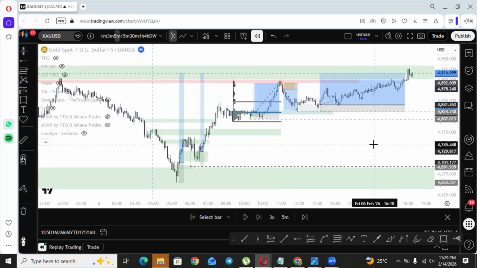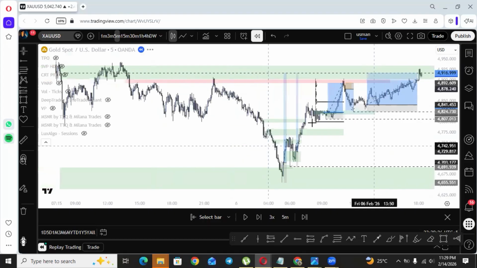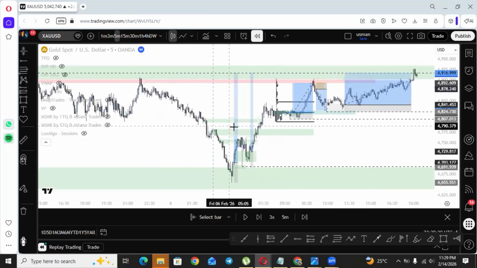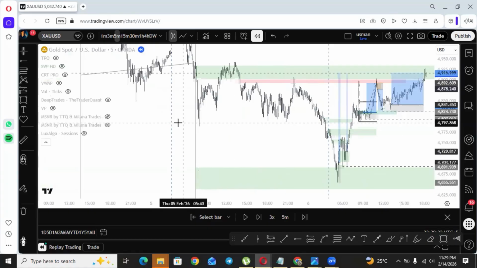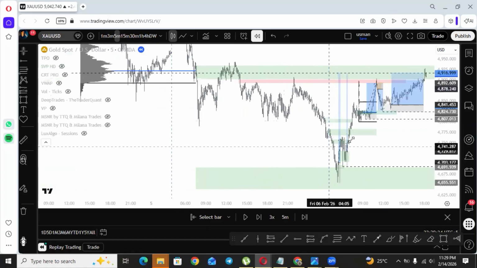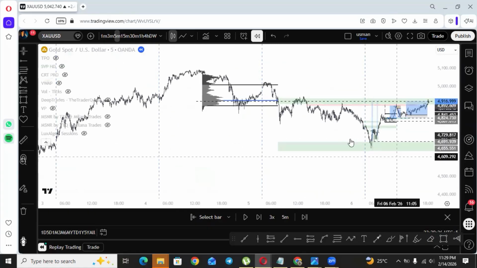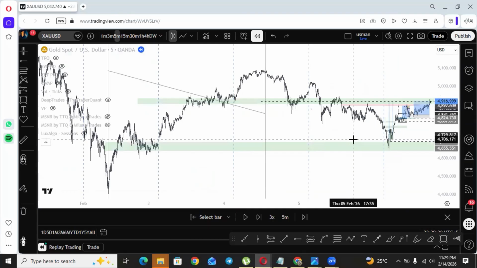You have seen me from the past few days, or the past week, that I draw the previous day volume profile. I trade on the 5 minute time frame, and I draw the previous day volume profile from previous day start to previous day end. But in this video, where do I draw the volume profile?